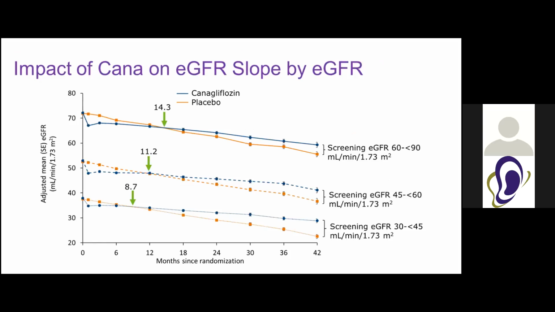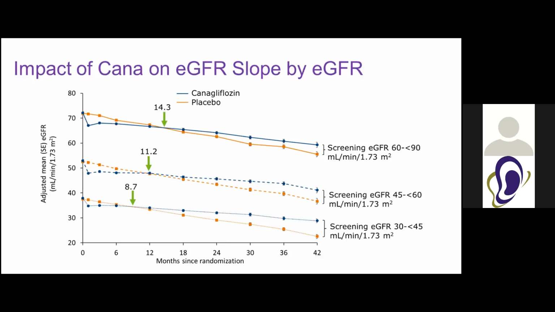And this is looking at canagliflozin specifically by screening GFRs, and you again see exactly the same difference. And I think it's important to notice that the lines cross, the benefit appears early: at 14 months at the higher GFR, 11 months at 45 to 60, and at the lower GFR at about 8 months.